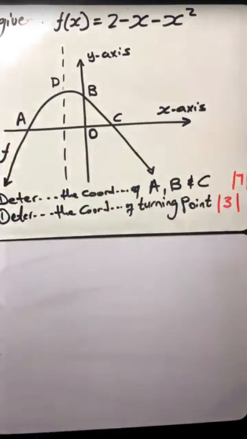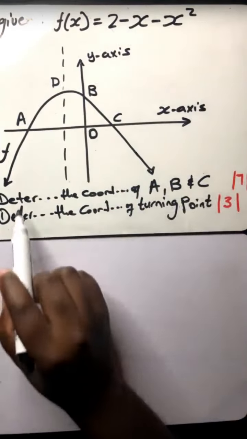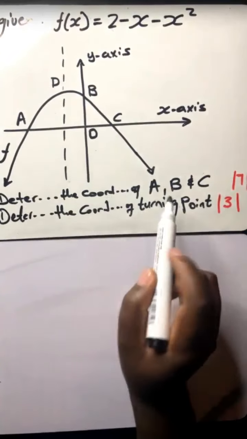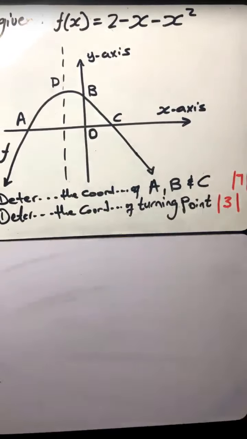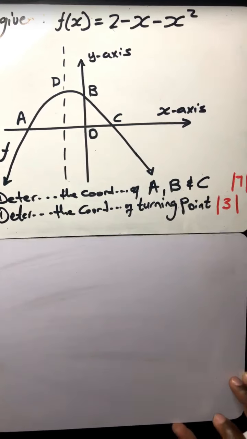This is the graph that you're given, guys. And the question says determine the coordinates of A, B, and C. So they want you to determine the coordinates of A, B, and C. I'm not sure if you guys understand the question before I even attempt to answer it.